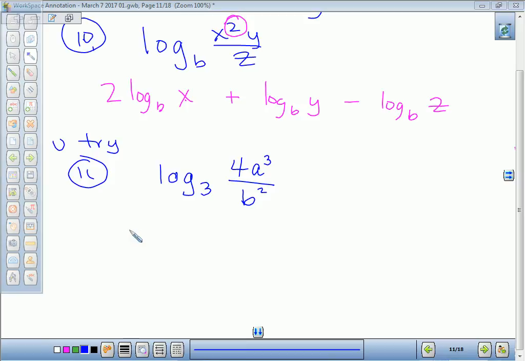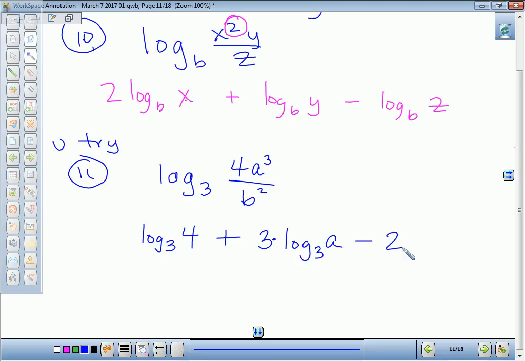So, you say out loud what the first one is. Log base 3 of 4. What's the first operation? Plus. Plus what? 3 times log base 3 of A. And then what?